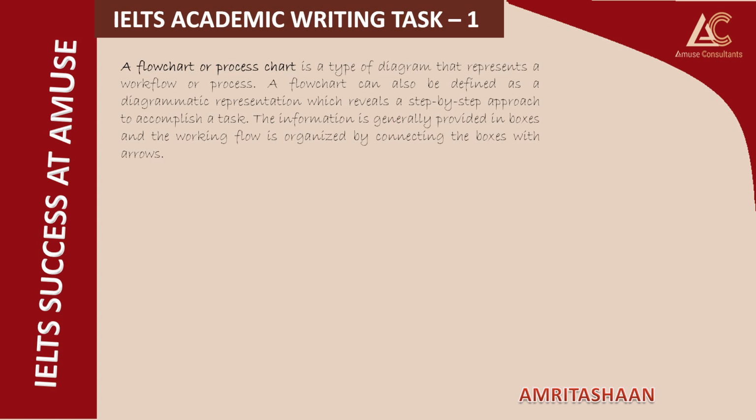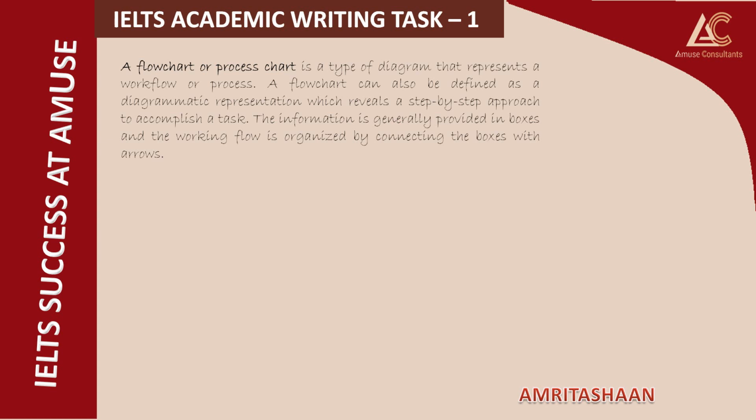So you have to focus on the information given in the boxes, and you have to see how the arrows are directing us, and then you have to write on that process.